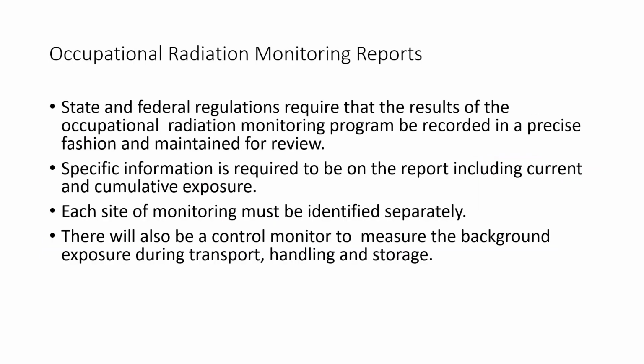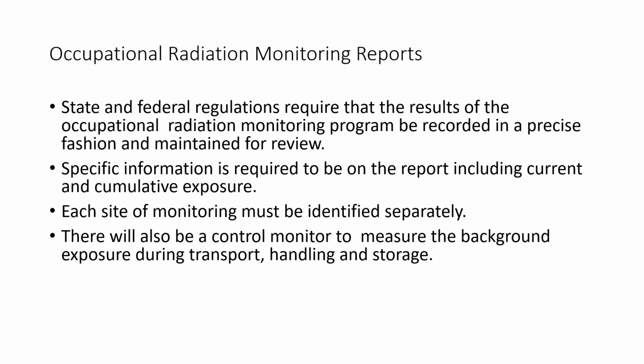The Occupational Radiation Monitoring Reports. State and federal regulations require that the results of the Occupational Radiation Monitoring Program be recorded in a precise fashion and maintained for review. Specific information is required to be on the report, including current and cumulative exposure doses.